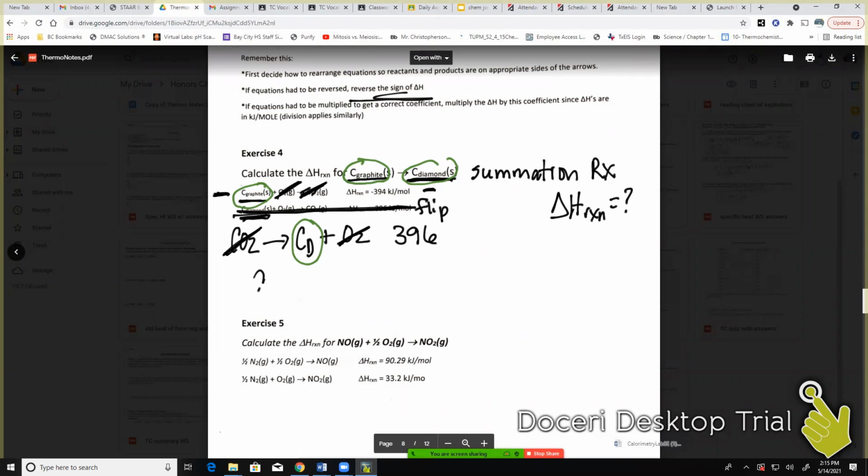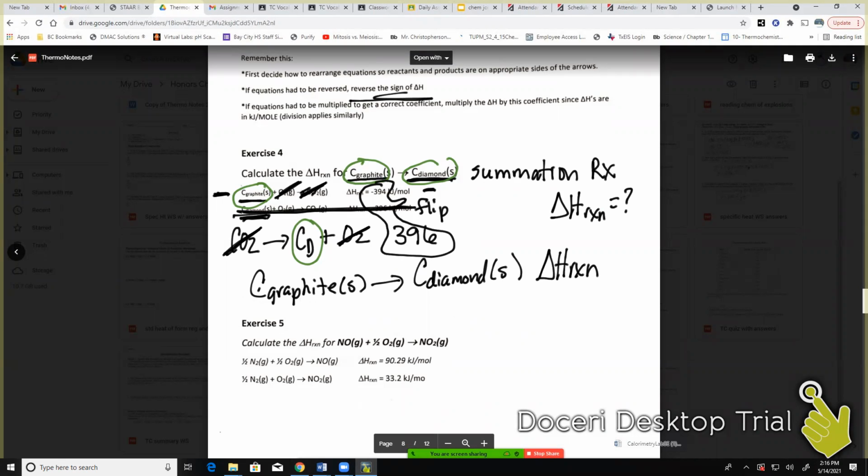So I have C, graphite, solid, yield C, diamond, solid. And now to get my delta H of reaction, these are my numbers. I add them together.